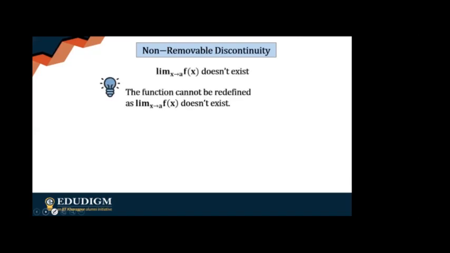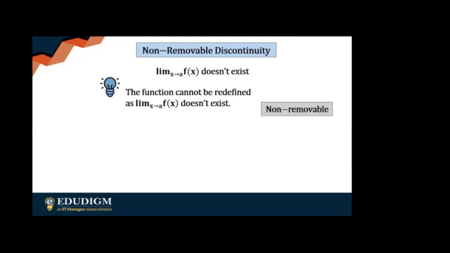All right. Non-removable discontinuity is when the limit does not exist. If the limit does not exist, you can't do anything, okay? Because at the end of the day, they should exist and be equal. So the function cannot be redefined, and that is why it's called non-removable. Now, this is very, very important.